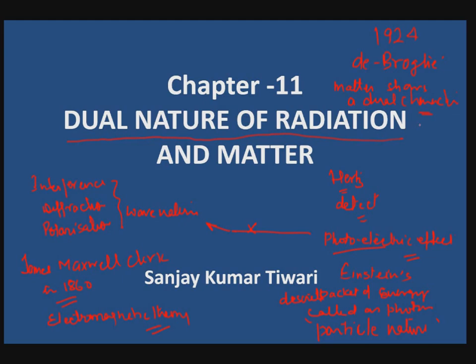Therefore, the duality of matter, and with the help of this he could propose another type of wave which is called matter wave. So this is it as far as this chapter is concerned. This will fetch around 4 to 5 marks in the board examination.